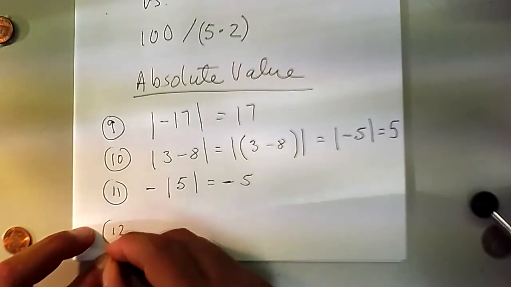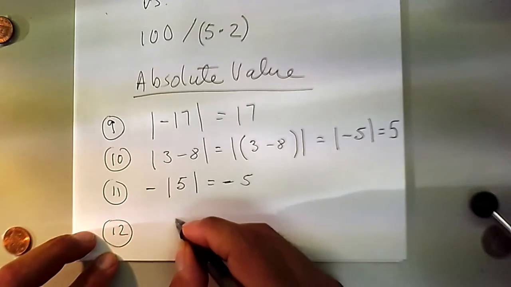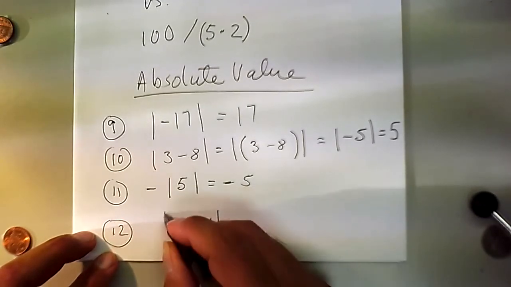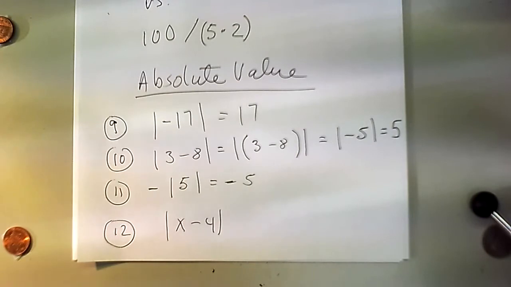Example 12. If you have x minus 4 as is, just standing like that inside an absolute value, can we simplify it?